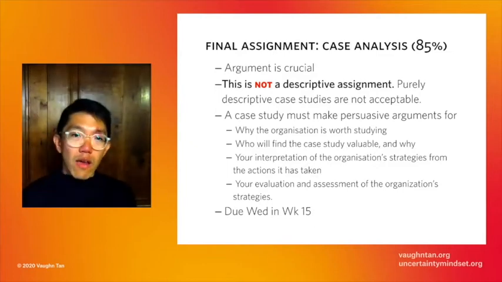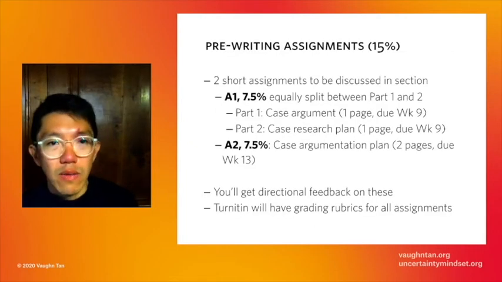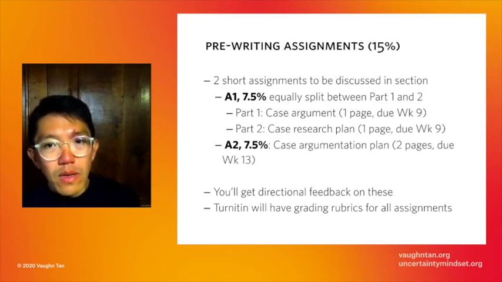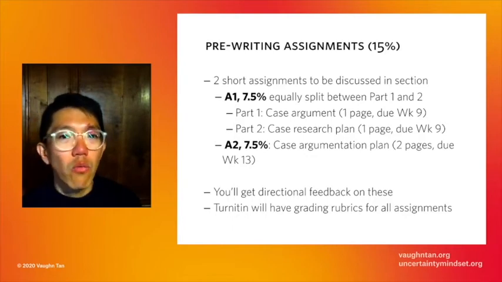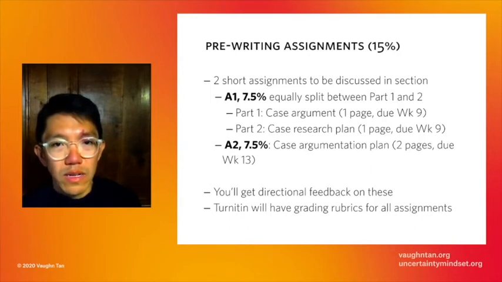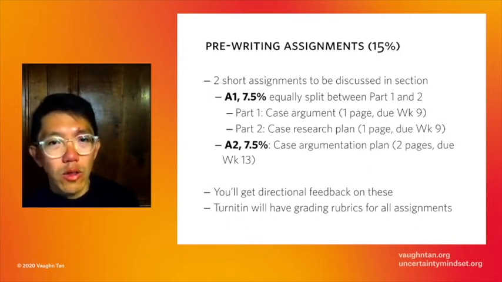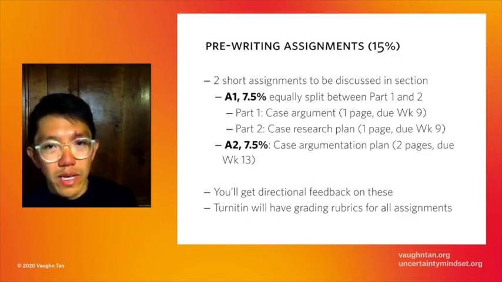Now, to get you there, we've got two pre-writing assignments that are very short. Assignment 1 is due in week 9, and it has two parts. Part 1 is a case argument, where you explain why you think this case is worth studying in the first place, and you start to tell us who you think would learn or benefit from what you find out in doing the research on this particular case.